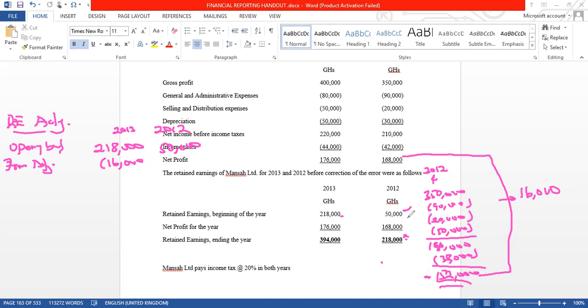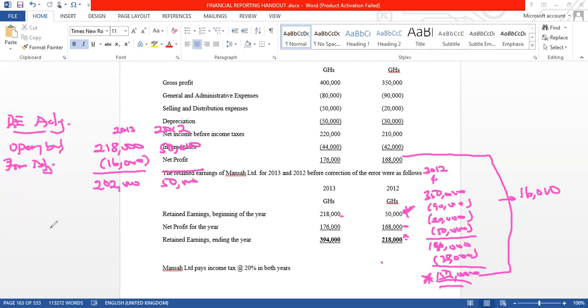Remember there is this 50,000 in there already, and this is what we are changing. Okay, so you realize that the correct retained earnings should actually be this figure, 50,000, plus this one that we have, which when you go through and add, we are going to get the same thing here, which is 202,000. All right, so that is how it should be.